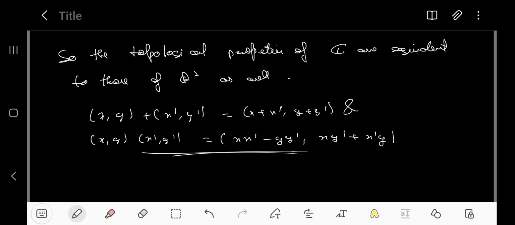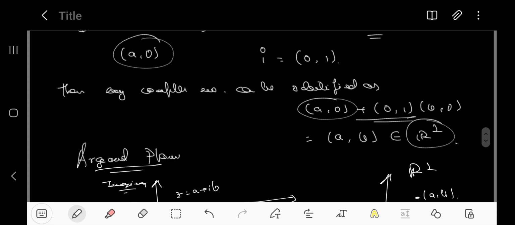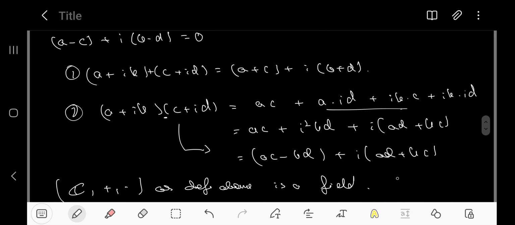This definition of multiplication is basically a conclusion from the multiplication we had in terms of complex numbers a plus ib, which we had done here, right? Yeah, this one, nothing else. Clear? Got it? Okay.